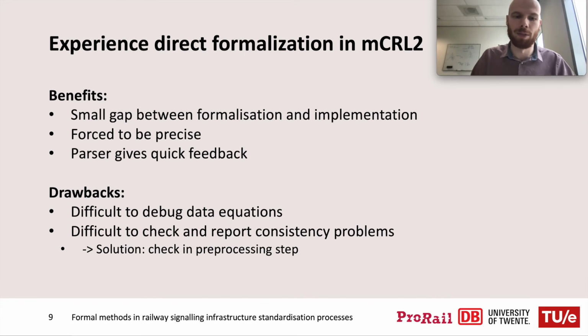Then it can be a bit difficult to find out what is going wrong, because in the end mCRL2 isn't a fully fledged IDE with debugging support. And mCRL2 is also not very well suited to check and report on consistency problems. But our solution is to do this in the pre-processing step.